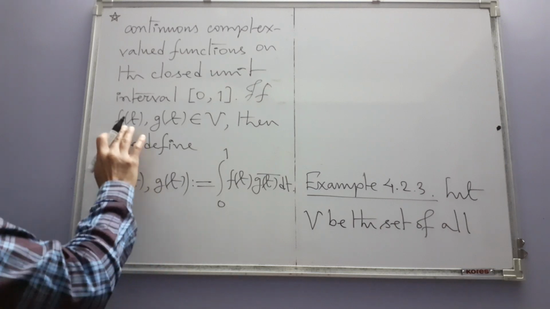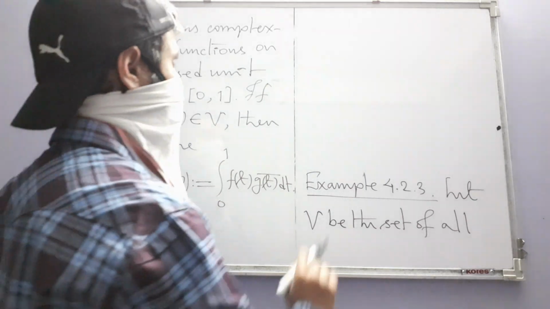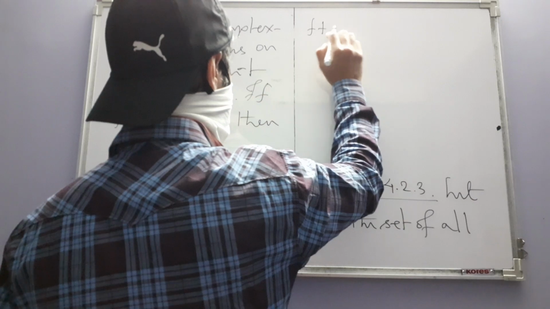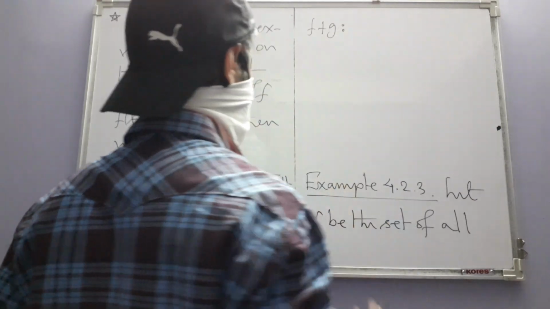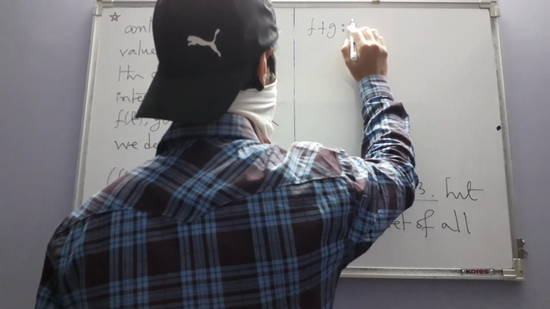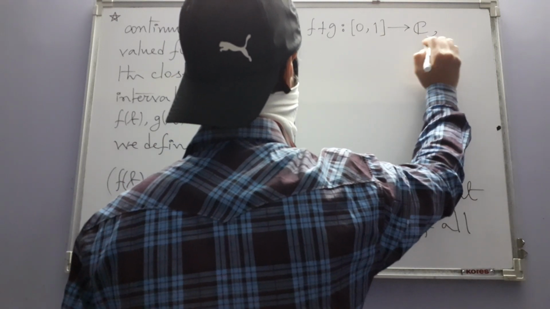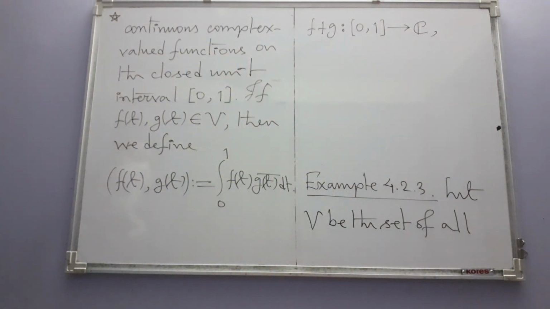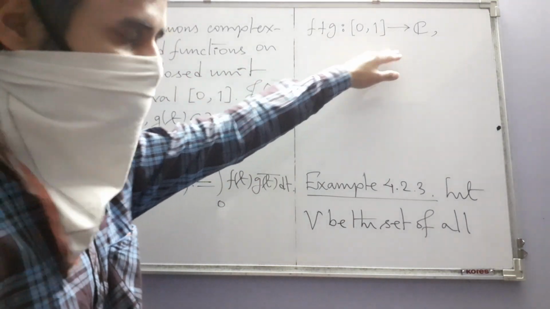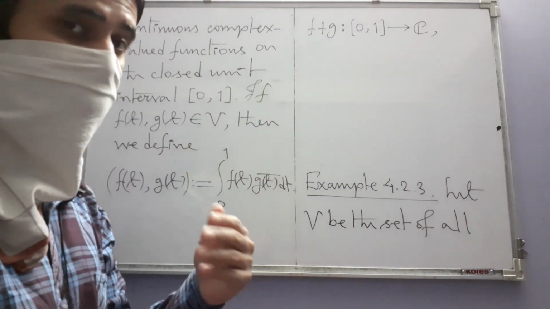Now, what will it mean to add two such functions? That is rather easy. Their sum will again be a function whose domain is this, into the field of complex numbers, because keep in mind this type of functions only we are considering in V, and that too not just any this type of function but continuous functions.